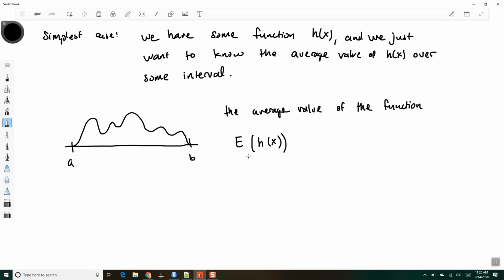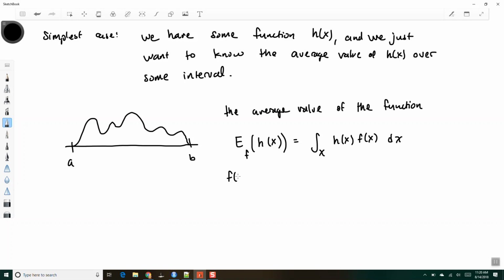And the f here is just a constant, because every value between a and b is equally likely. So this is going to be the integral of h of x times f of x dx.